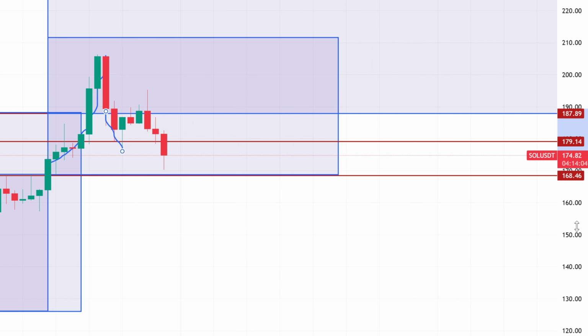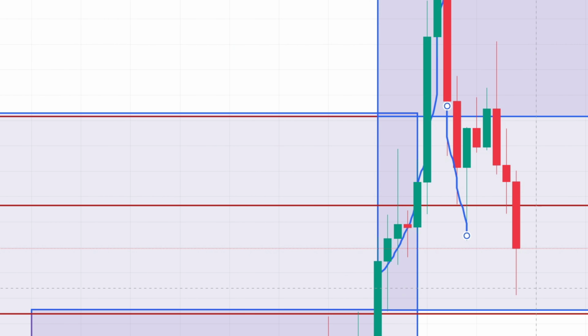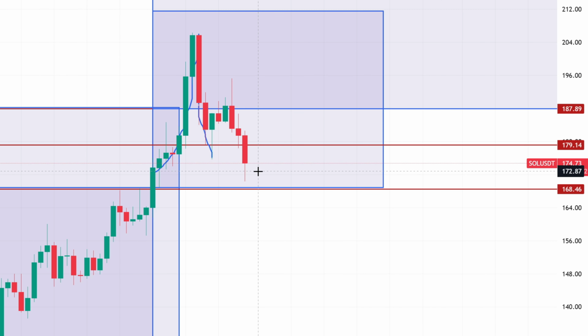We actually did that. If I zoom in a little bit, you see just a tiny breakout to the upside, a daily candle close. Then we had some follow through, but right afterwards we got rejected again, and right now we're going lower. This is a clear rejection from this level. So as I said, we can clearly see the move to the upside, the break to the downside of the resistance zone, the retest of the resistance zone, and then a new low right here.